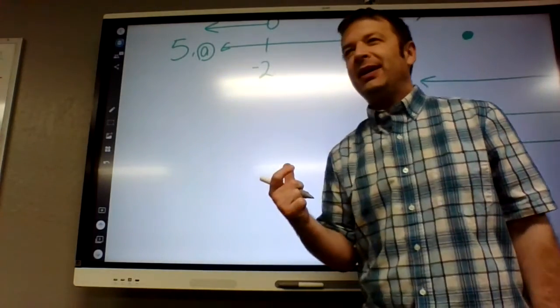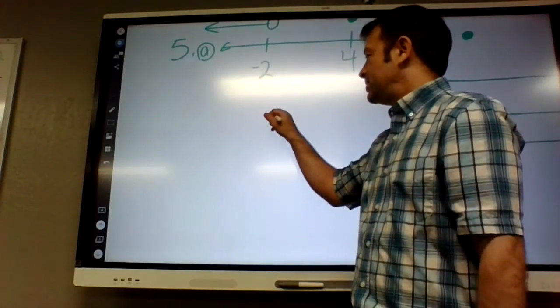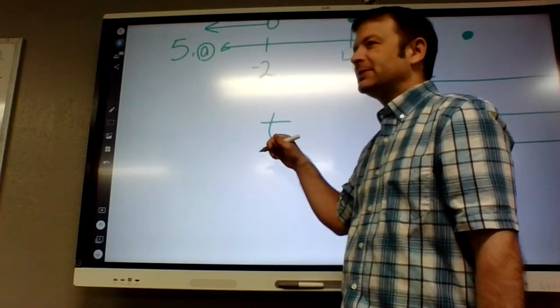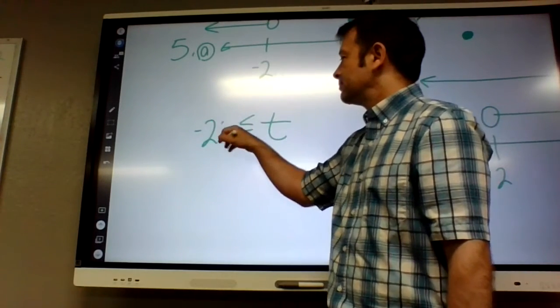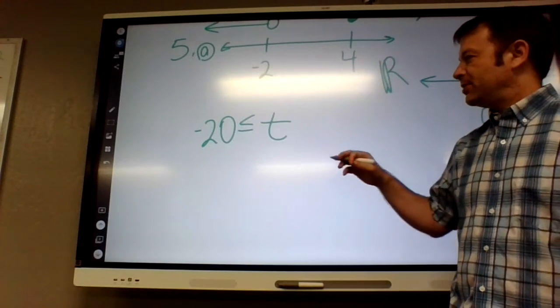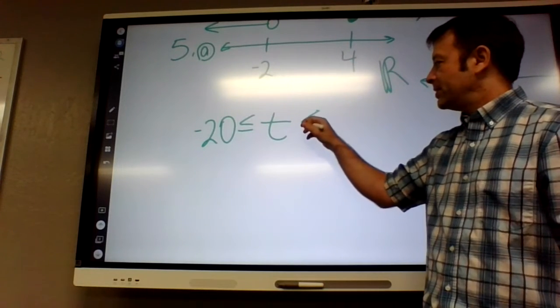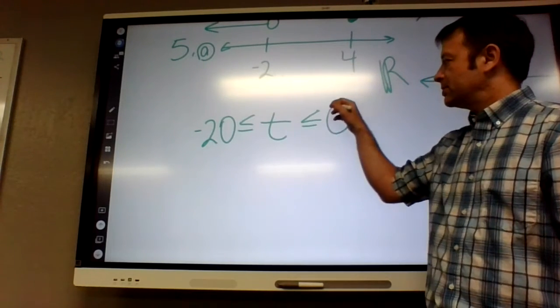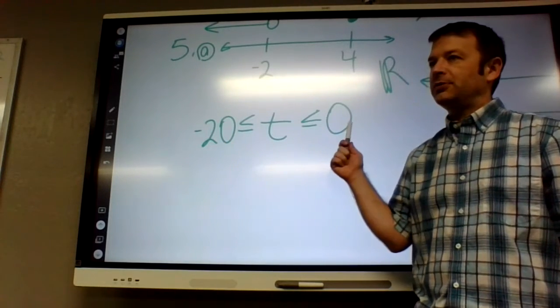How can I write that as an inequality statement? T for temperature. T is greater than or equal to -20 and less than or equal to 0, but you can write it all in one. So the temperature is everything between -20 and 0.